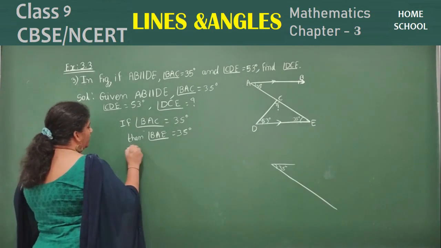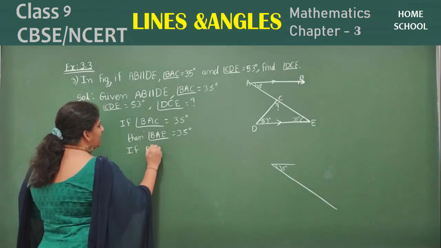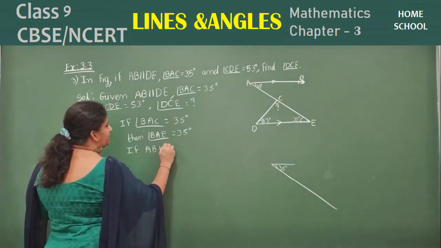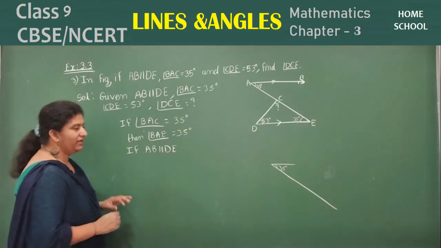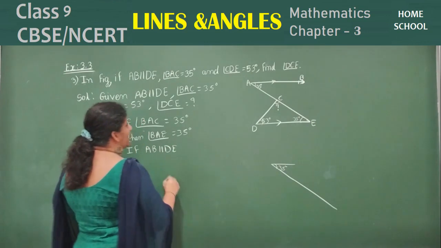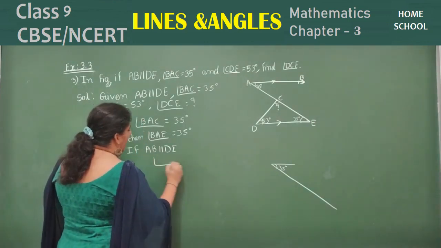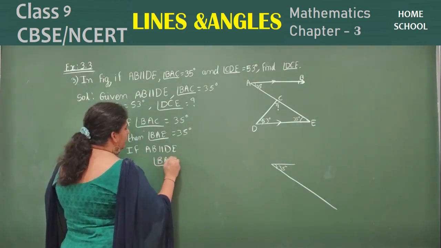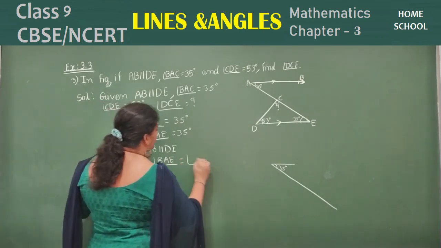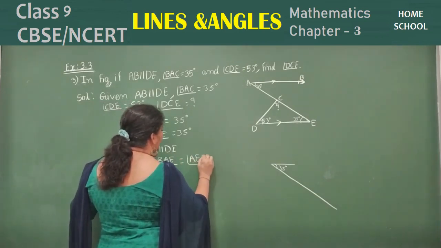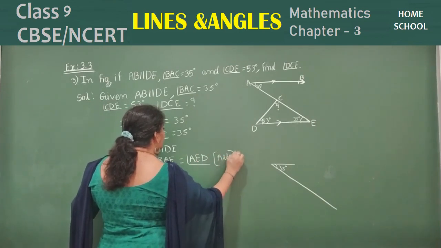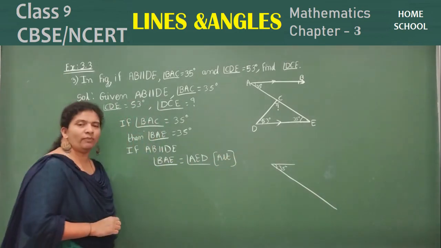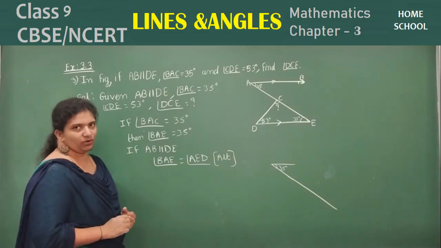Now if AB is parallel to DE, then what you can say here? Angle BAE is equal to angle AED. How are we saying this, children? Alternate interior angles between two parallel lines are equal.